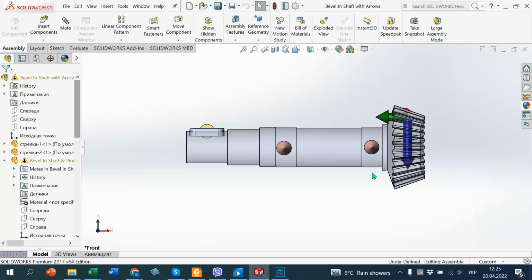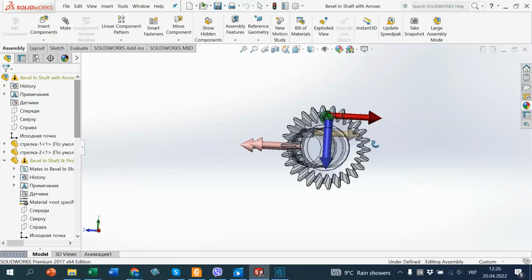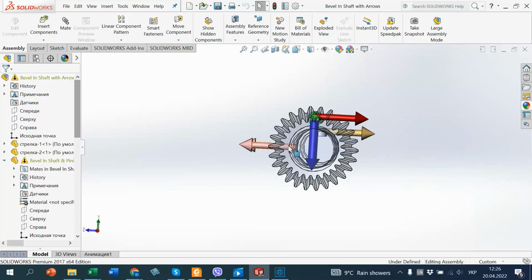It is conditionally called vertical because the point of contact may be here, maybe here, maybe here.